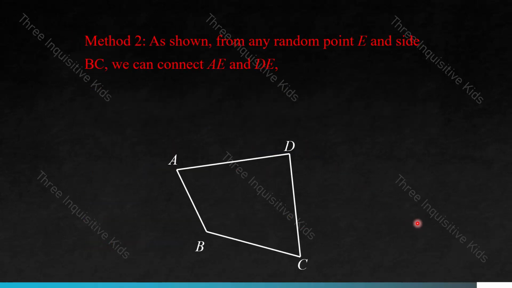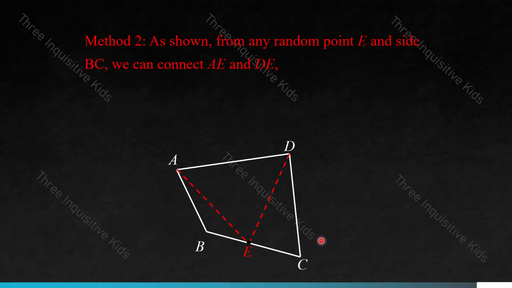As shown, from any random point E inside BC, we can connect AE and DE. So on BC, we can take any random point. Remember, it's not just how it is drawn in this figure.